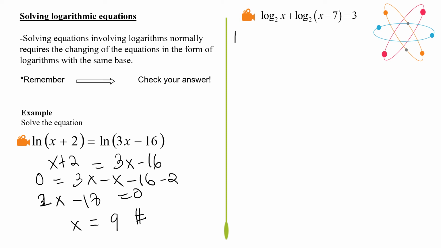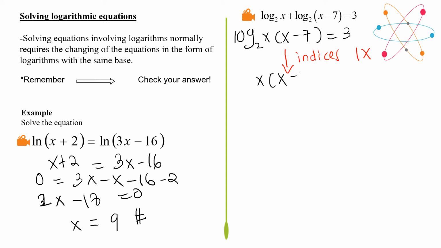It becomes log of x times x minus 7 base 2 equals 3. Next, change it into the indices form. Remember, use the IX method as a guideline. x times x minus 7 equals 2 power of 3.